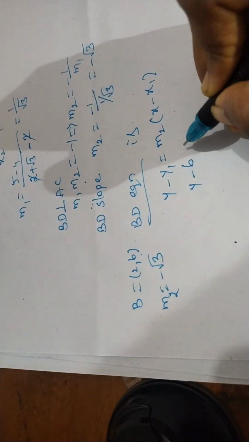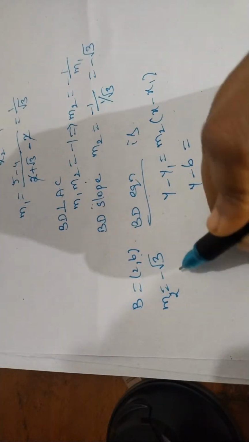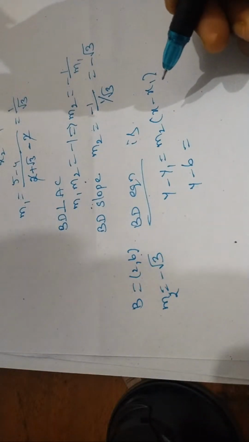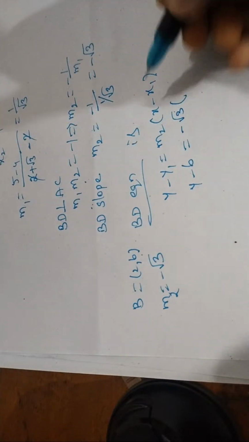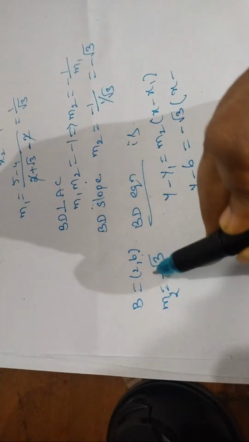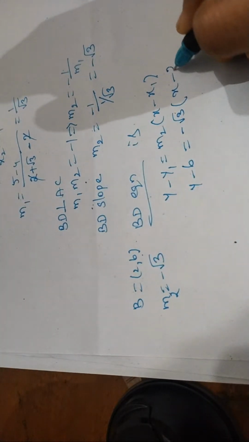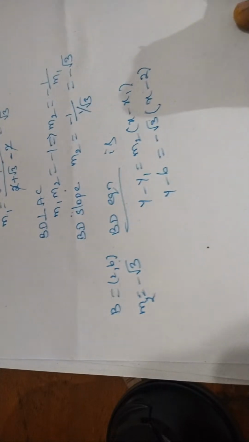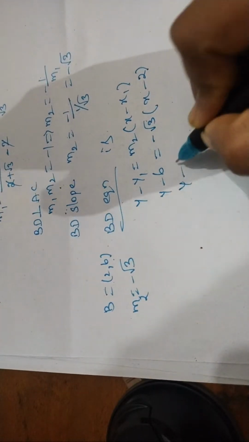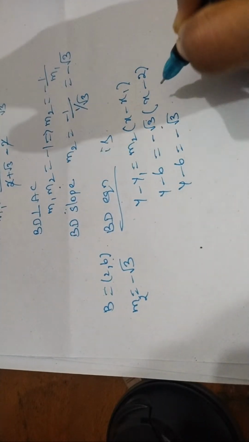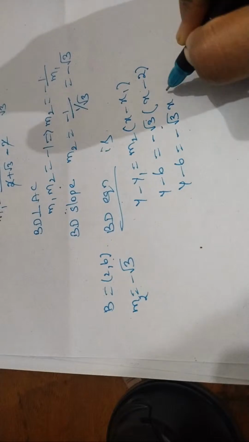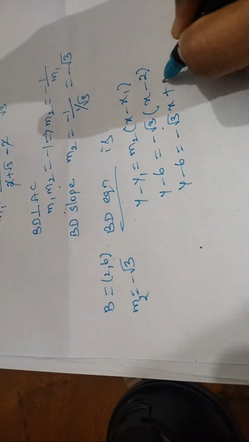So y minus 6 is equal to m2, which is minus root 3, into x minus x1, where x1 is 2. Now simplify this. y minus 6 is equal to minus root 3 x plus 2 root 3.